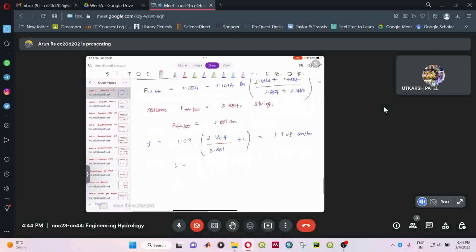When you solve something in your calculator, you need to assume some value in a close range, because the calculator solves based on the nearest range only.